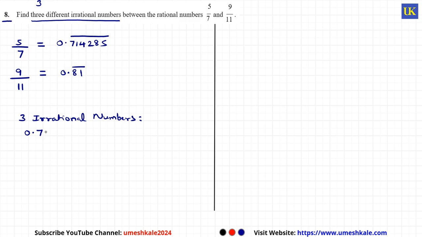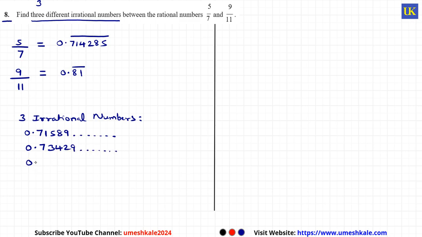So I will write 0.71589 and just put dot dot dot like this. All these digits are different. Like these, we need to give three numbers. Another number is 0.7, since they should be between these, and then I will continue with some different digits: 0.73429, and I will put dot dot dot.